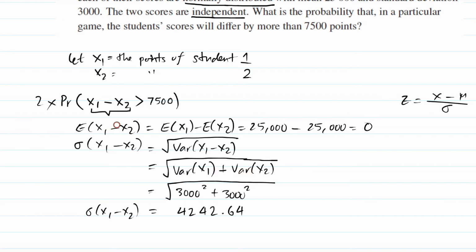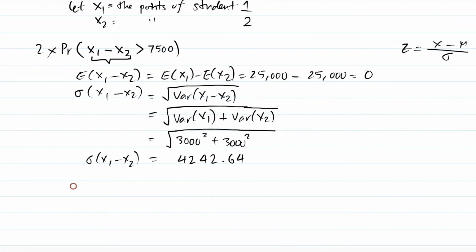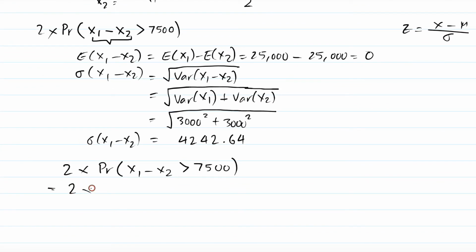Yep, so once you've got your mean and your standard deviation, you can easily find this probability. So let's write it again. It's 2 multiplied by the probability of x1 minus x2, it can be x2 minus x1, is your choice really, bigger than 7,500, which in this case equals 2 times the probability. So we're going to change this into the z value.